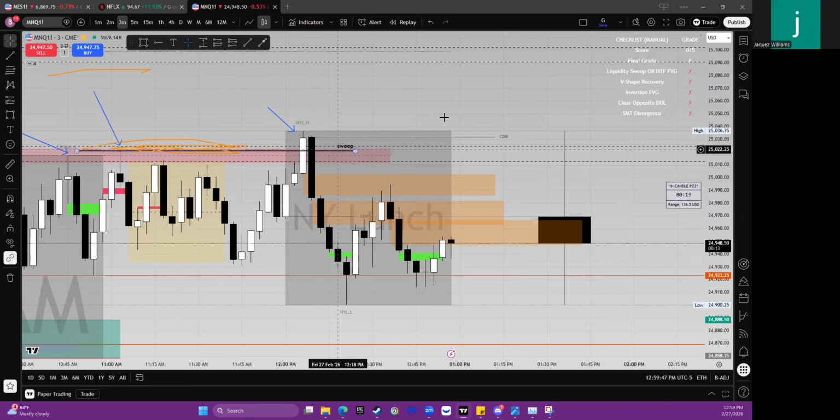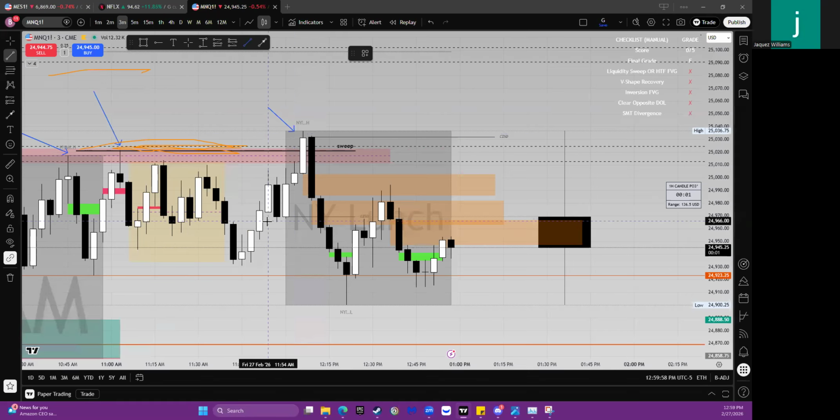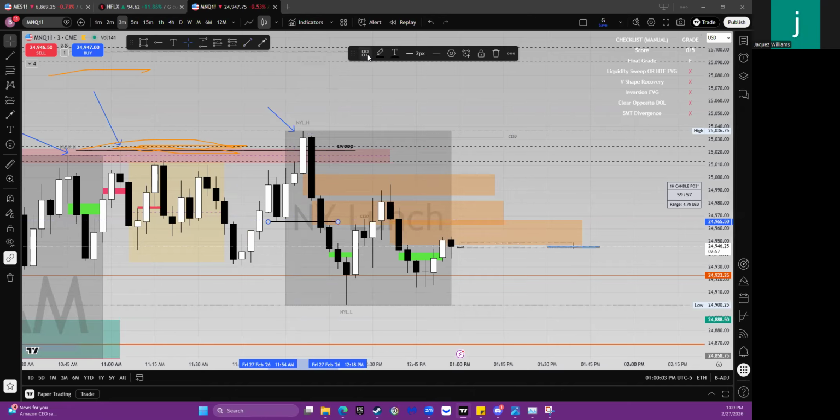Then when do we know that the trend has possibly changed? It's when we get what's called a market structure shift. Mark out that market structure shift for them. That's the market structure shift that lets us know the trend has changed, because before it we got a low here, a higher low here, and a higher low here.